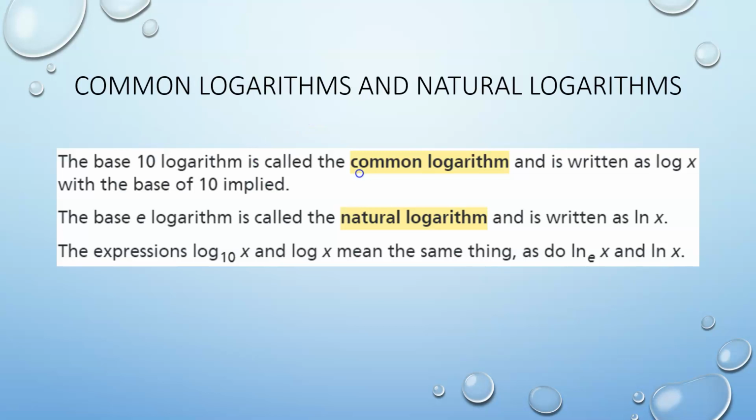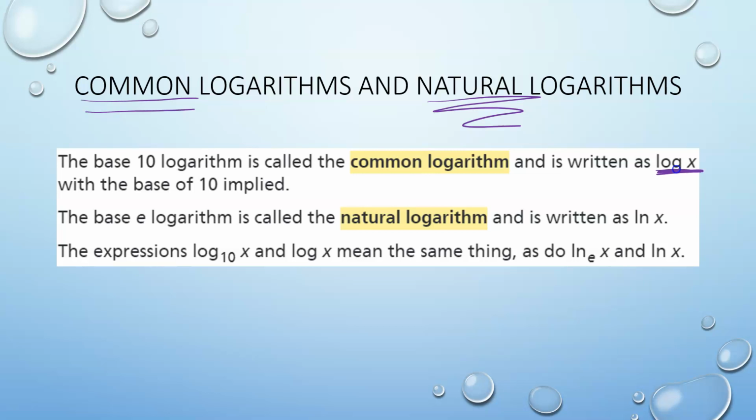All right, so today, like I said, we're going to talk about these two special logs, the common log and the natural log. The base 10 logarithm is called the common logarithm and is written as just log of x. Notice there's no base. Sometimes when I talk about the common log and the natural log, it's similar to a square root.